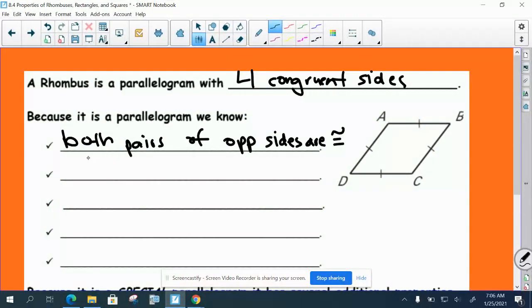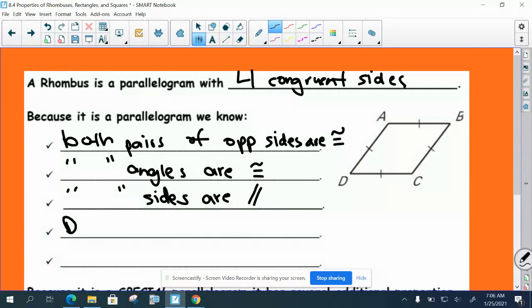Both pairs of opposite angles are congruent. Both pairs of opposite sides are parallel. Diagonals bisect each other.